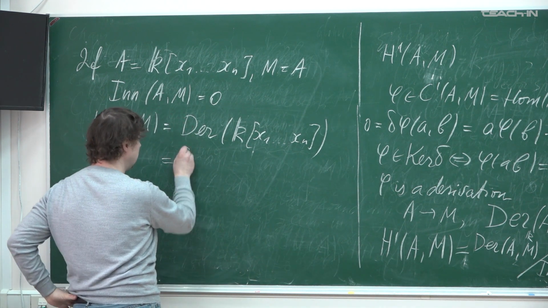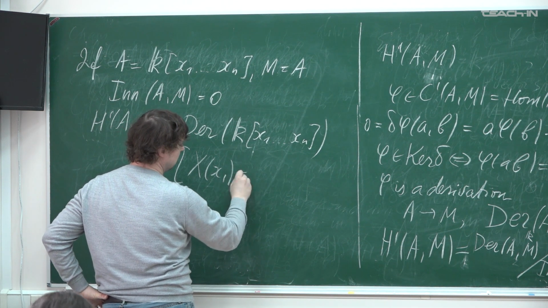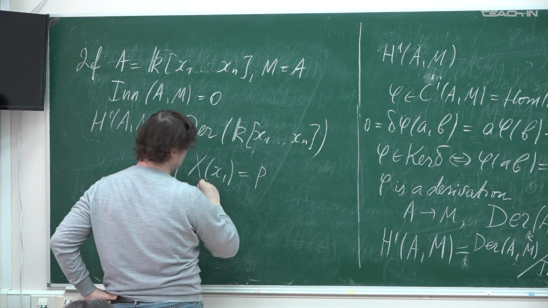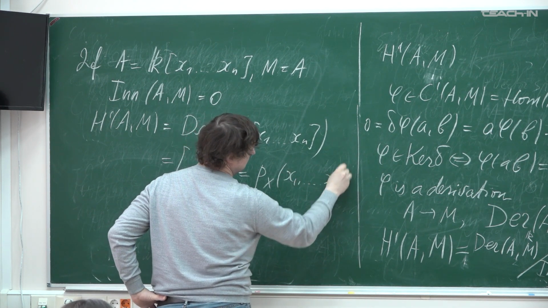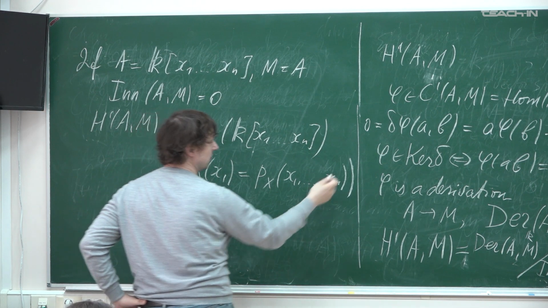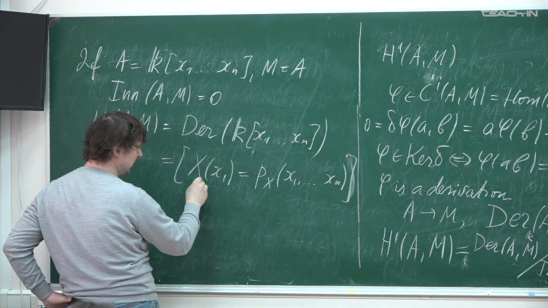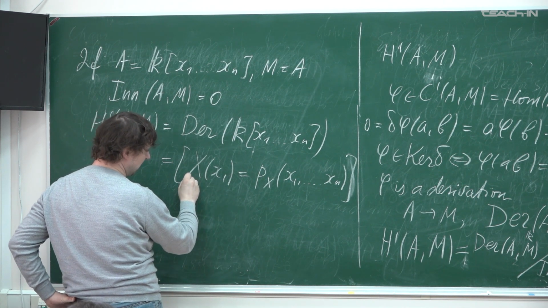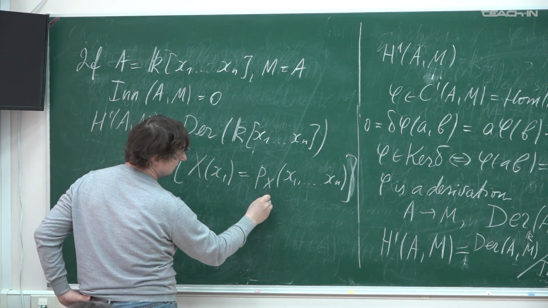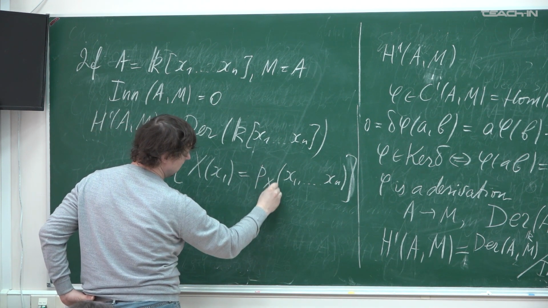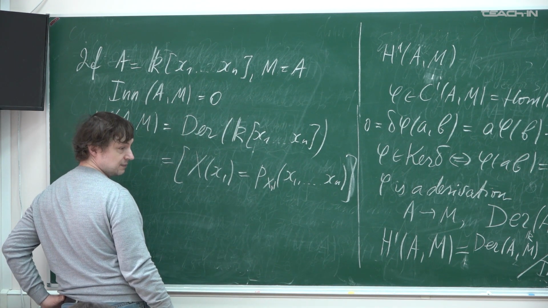So if some derivation sends variable x1 to some polynomial p sub 1 of x1 through xn, we see that every derivation is uniquely determined by precisely n polynomials.